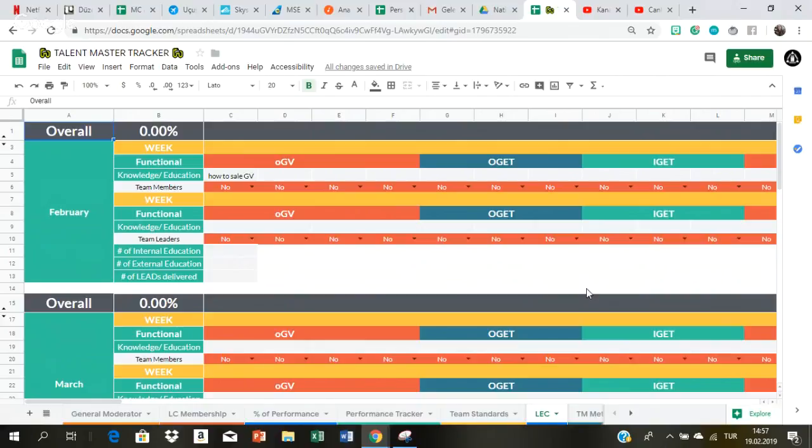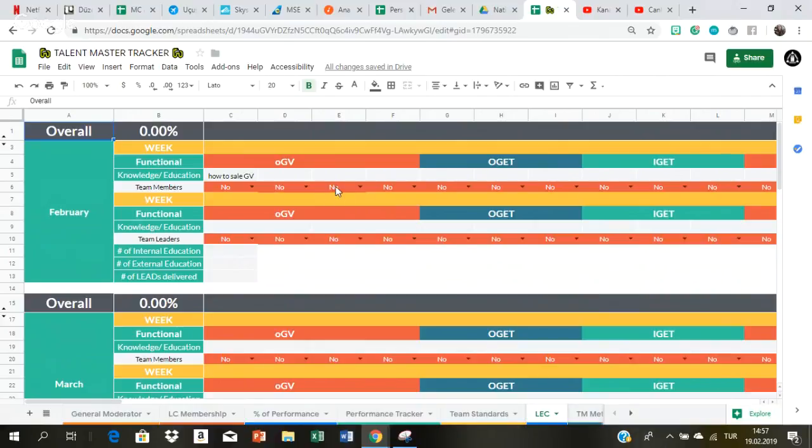So you won't take it, but we are trying to generalize the contents to be aligned across all LCs. So you don't need to take it 100%. You can just take what is relevant for you, and you can take some external things as well. For example, negotiation, you can put some soft skill educations as well.